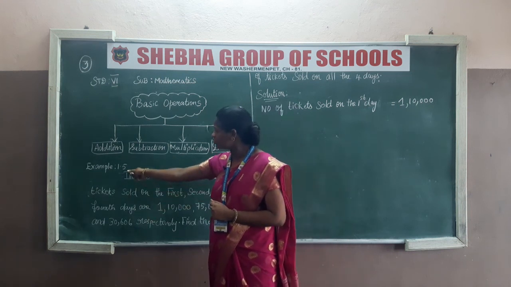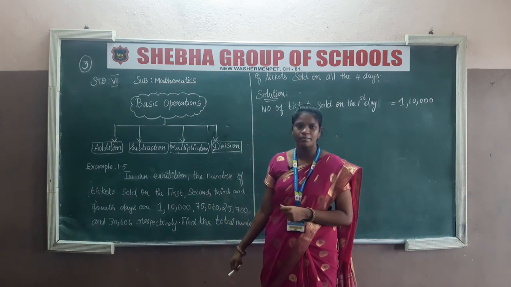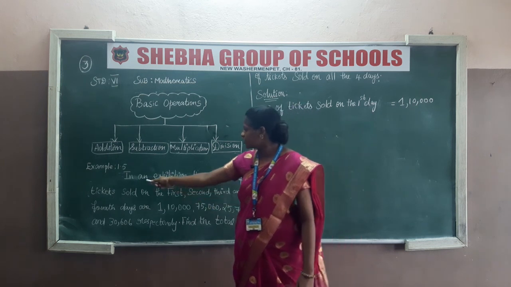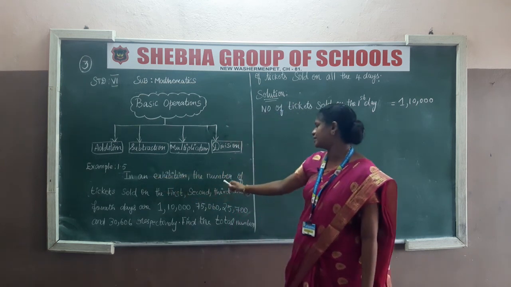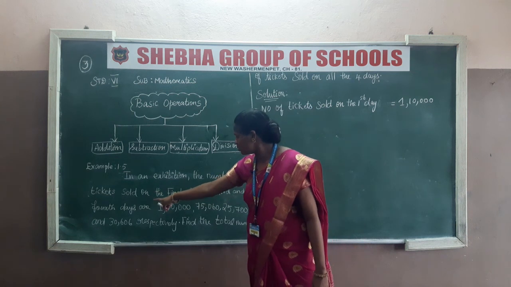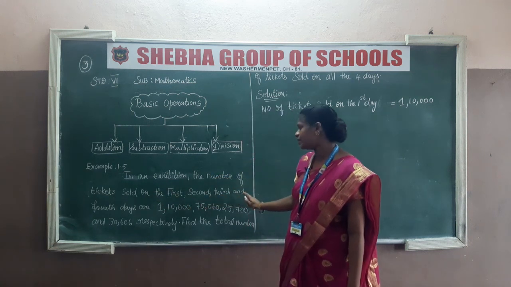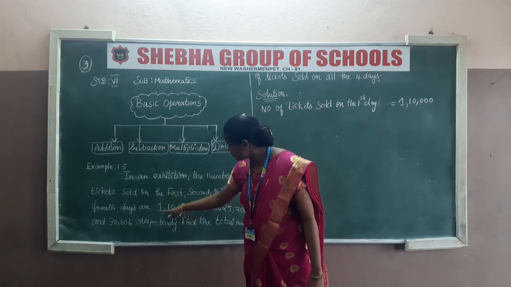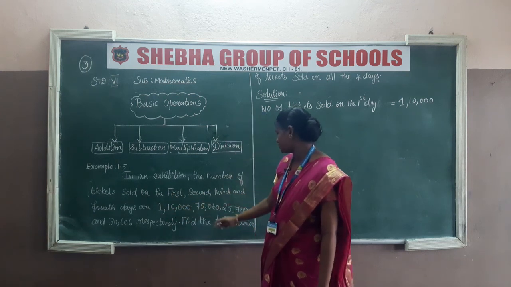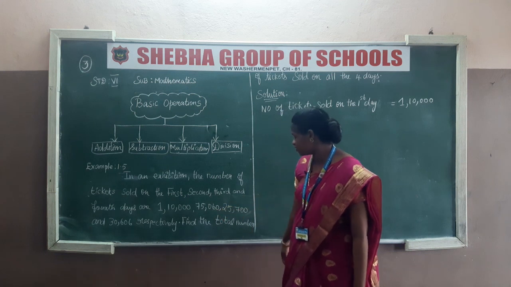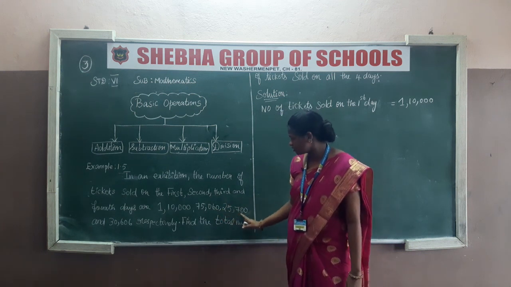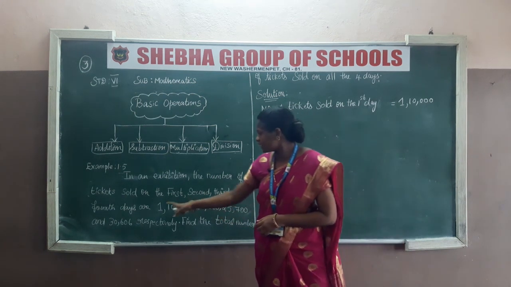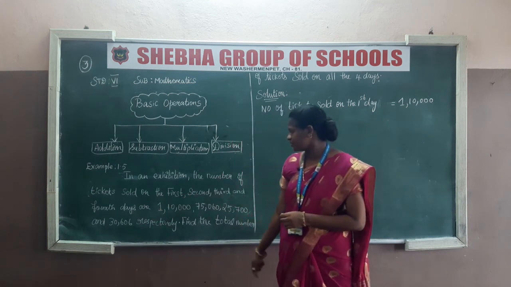First we have to see example 1.5. The question is: in an exhibition, the number of tickets sold on the first, second, third and fourth days: first day the value was 1,10,000, second day 75,060, third day 25,700 and the fourth day 30,606 respectively.